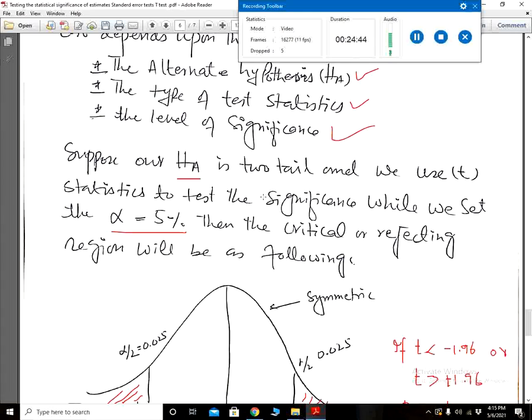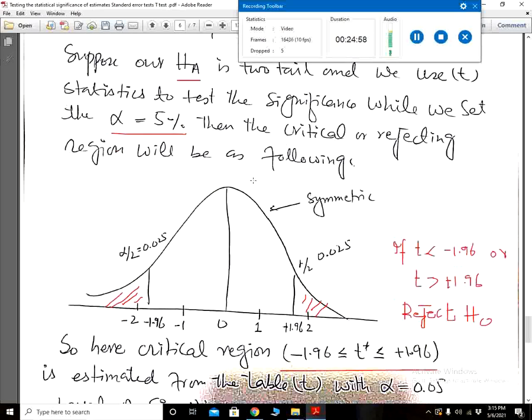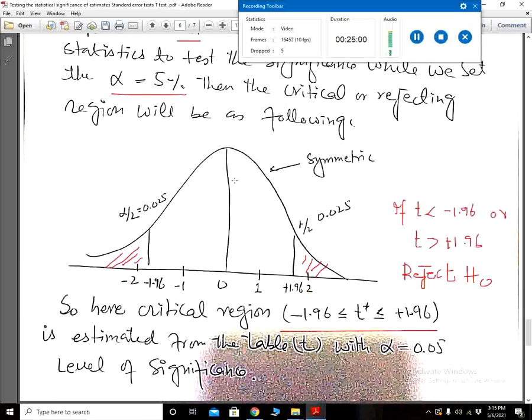We will go to the t table you have previously gone through, and see the critical region with this given information. Here we see from the table that the critical regions are beyond plus 1.96 and beyond negative 1.96.